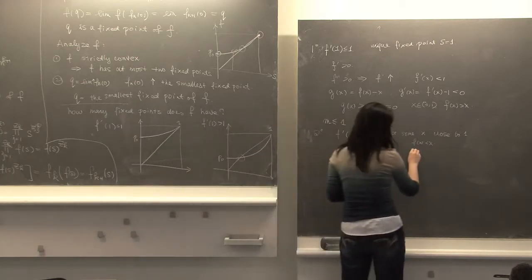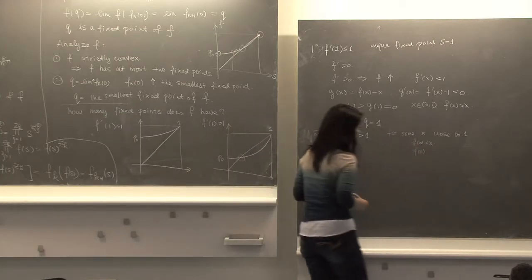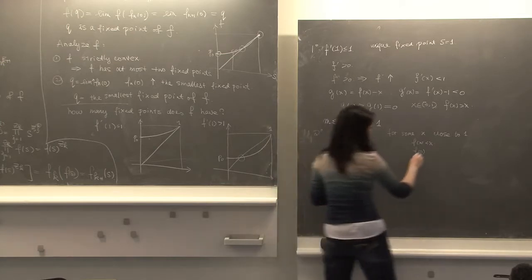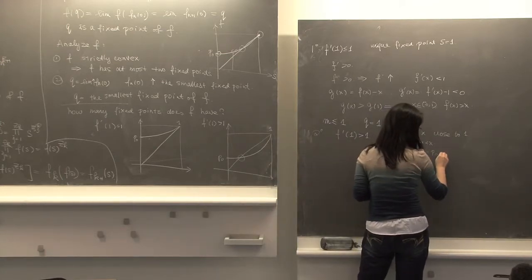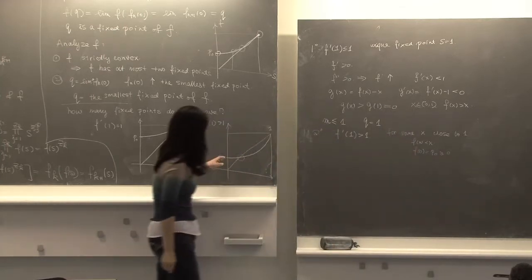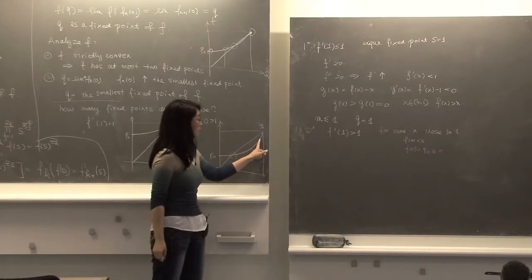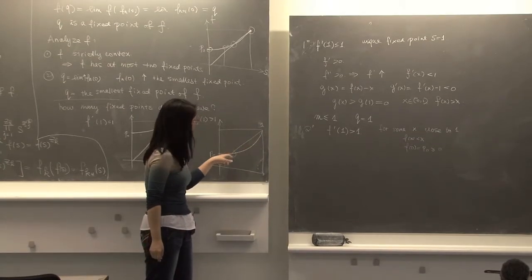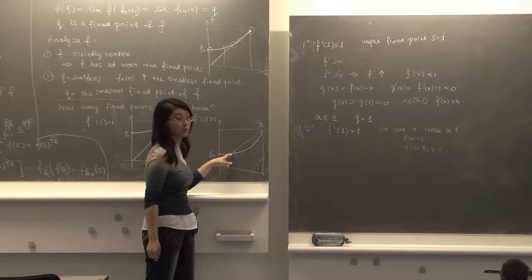However, we also know that when x equals 0, f(0) is p0, and this is greater than 0. So for this function at 0, it is positive, and here it is negative. So there will be one solution where it equals 0.